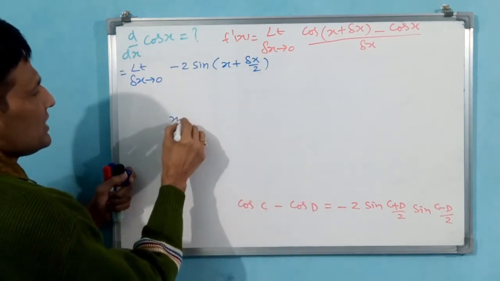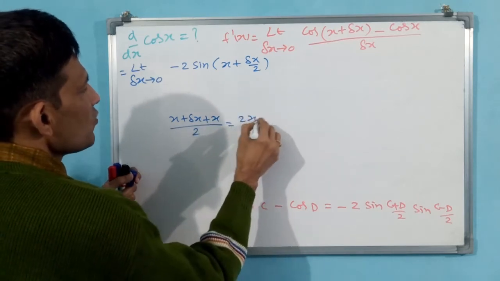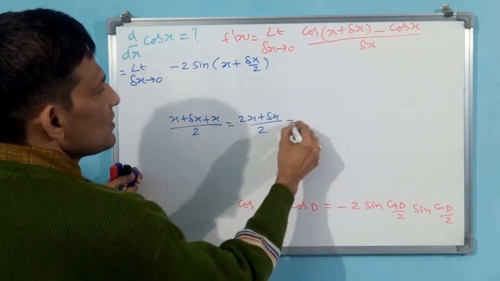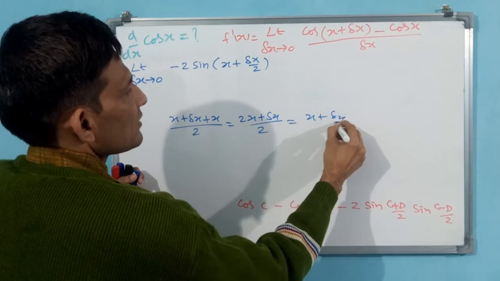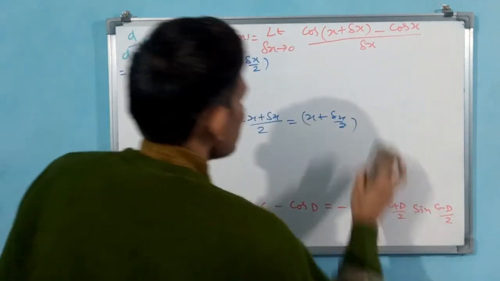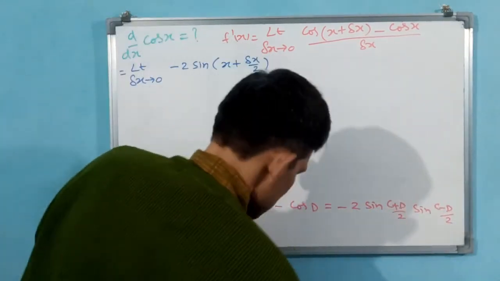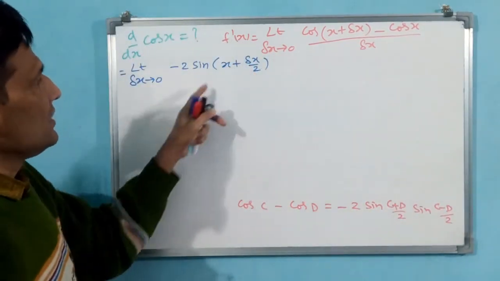Why? Because x plus delta x plus x by 2 will come as 2x plus delta x by 2. Same thing I have written. This is basic only.